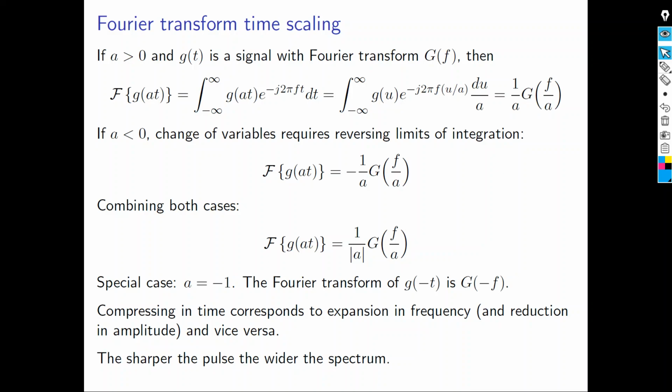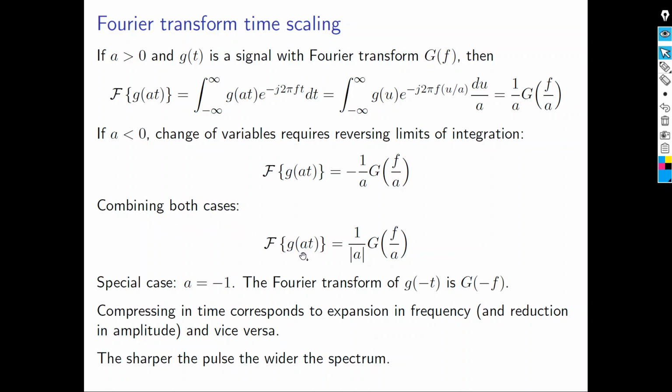So when you make time scaling, in the frequency you shrink it because you divide by alpha now. If alpha is less than 0, the change of variable requires reversing the limits of integration. So it becomes just a minus if it is less than 0.